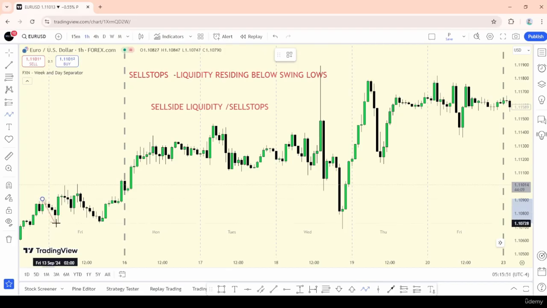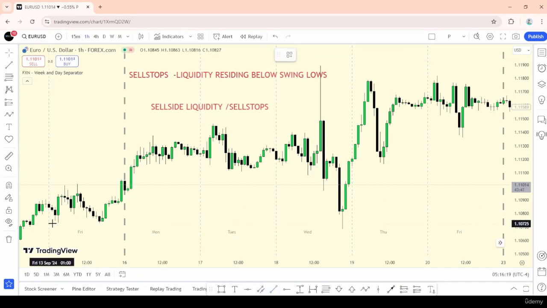We have a low, a high, a low, then a high. So most of the retail traders have placed their stops here. So what the market basically does is it comes back and runs those liquidity or those stops, or we can say those orders, sell stops, and then runs higher.